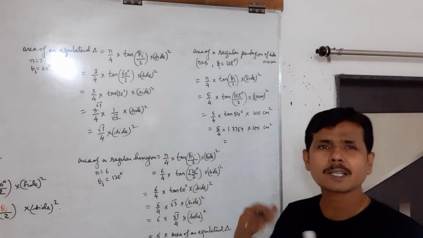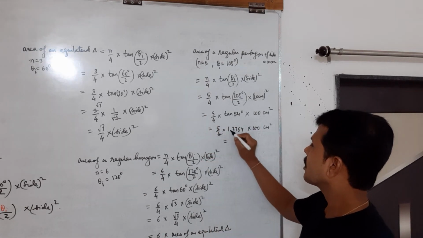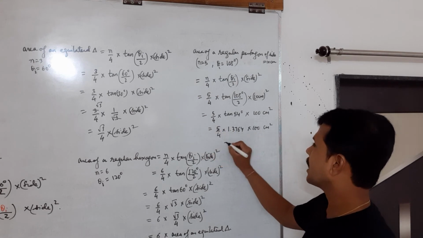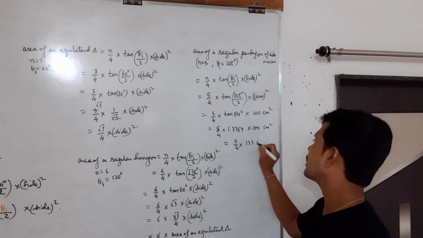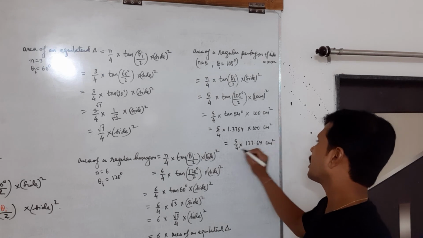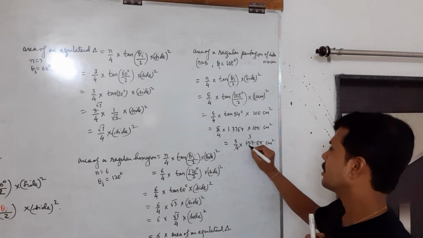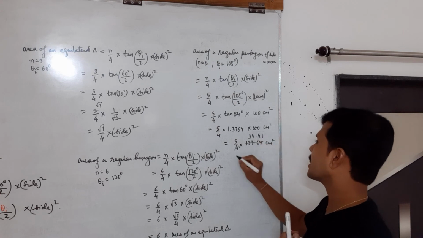Now after this you can calculate it properly. You can reduce this by 4. First of all I am going to multiply it by 100. So it will be 5 by 4 into 137.64. Now divided by 4: 4 3s are 12, 4 4s are 16, 4 1 times 4.